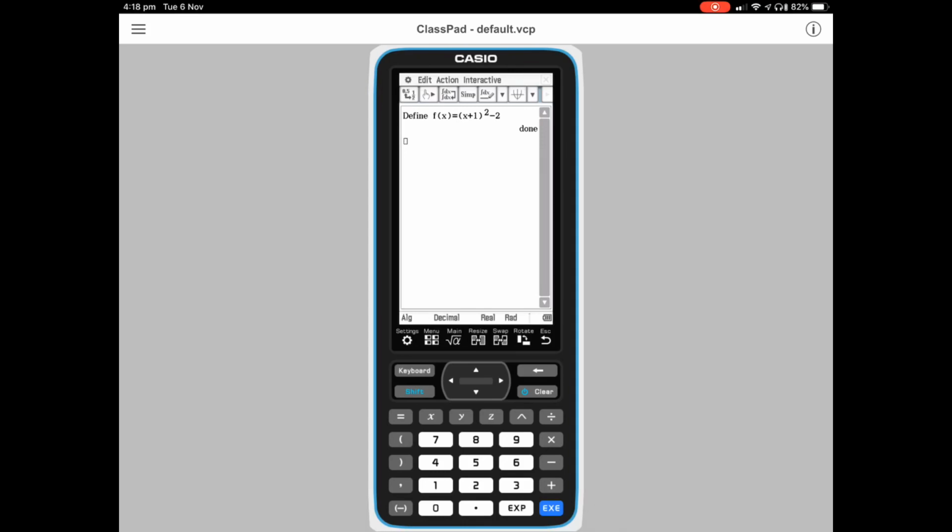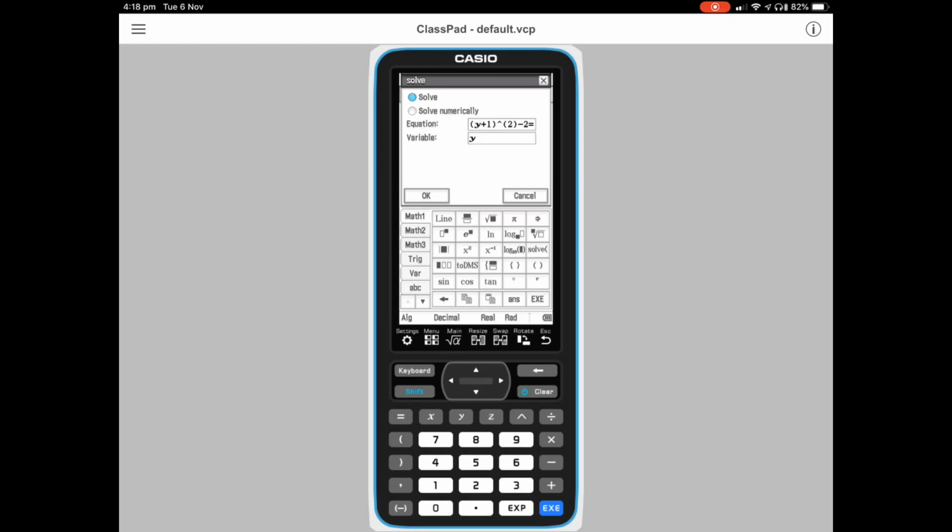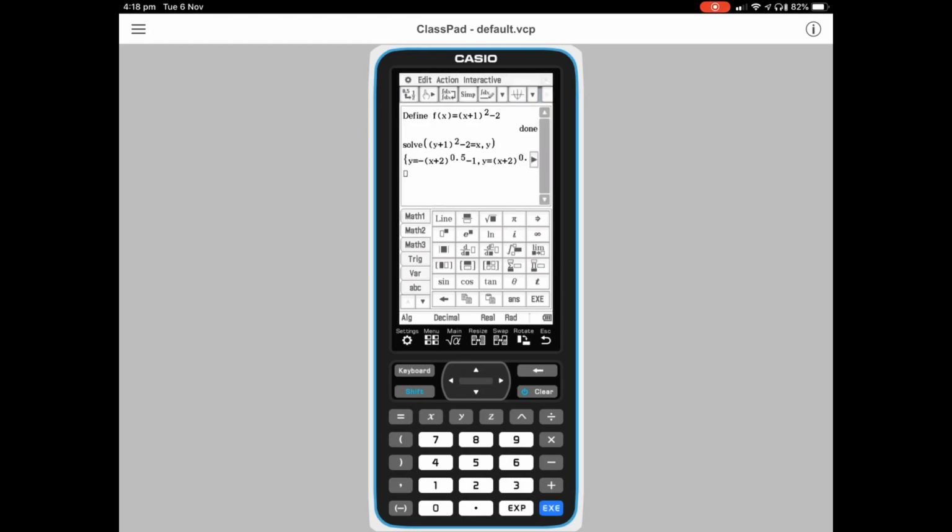Now its inverse is going to be x plus 2 square rooted minus 1. If you don't know how I worked that out, if I let that equal y, change that to a y, change that to an x, and solve for y, then it will give me my inverse function.